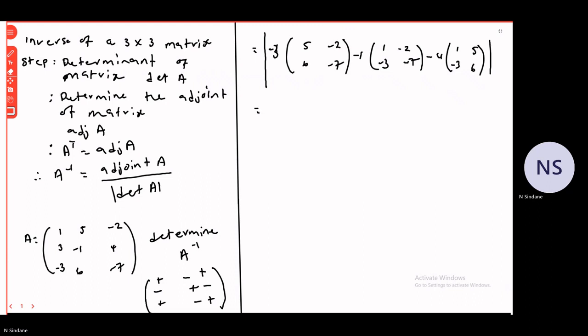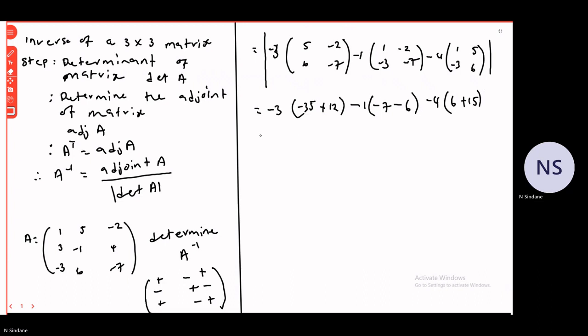So I'm going to have negative 3 into, this is going to be negative 35, right? This is going to be minus, which is plus 12, minus 1 into, this will be minus 7, minus 6, right? And then minus 4 into, this is 6 plus 15, right?